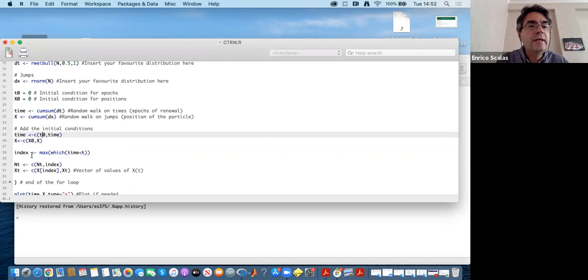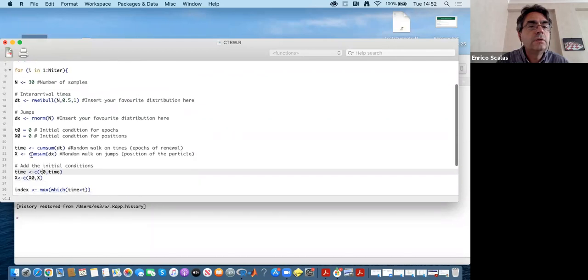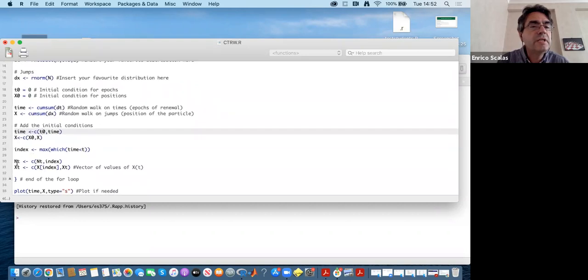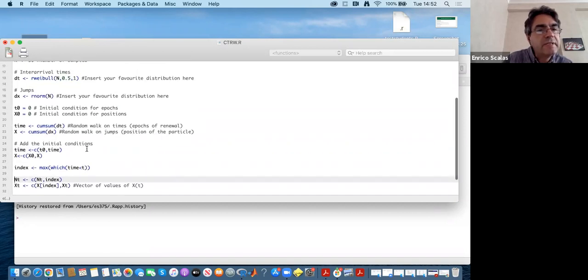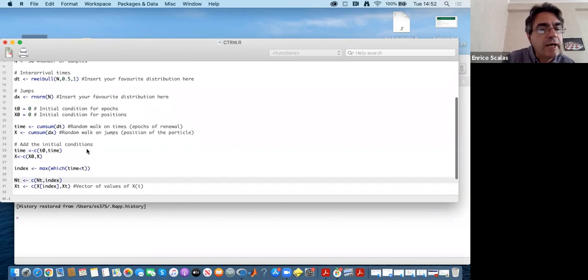I think this particular command for the number of events is not activated in this program. Let me check, but I cannot see any calculation of the number of events up to time t.